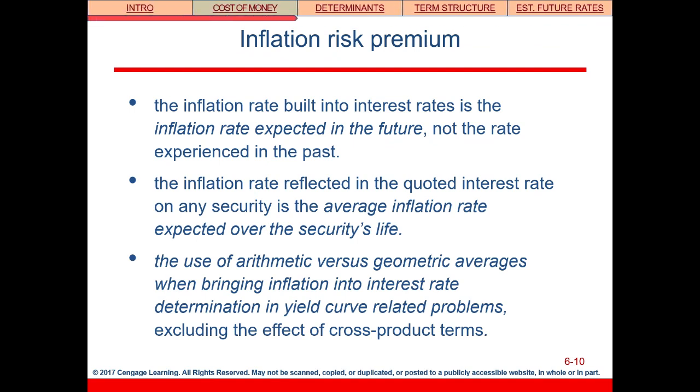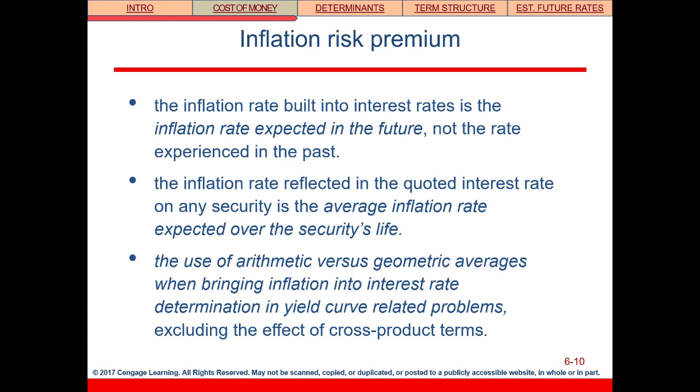Okay, next let's discuss those risk premiums one by one. After R star, which is the real risk-free interest rate, the next one is IP, which represents the inflation risk premium. The inflation rate built into the interest rate is the inflation rate expected in the future, not the rate experienced in the past.